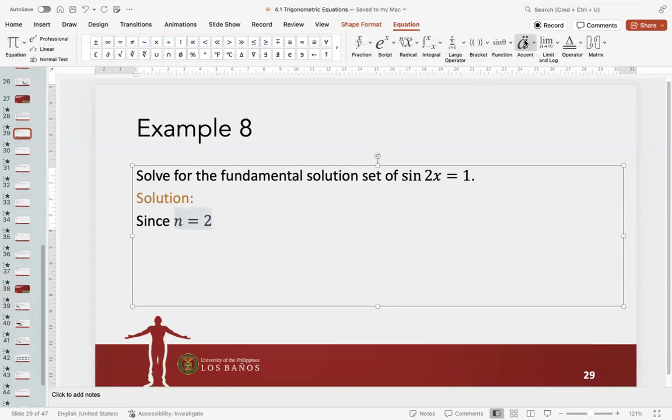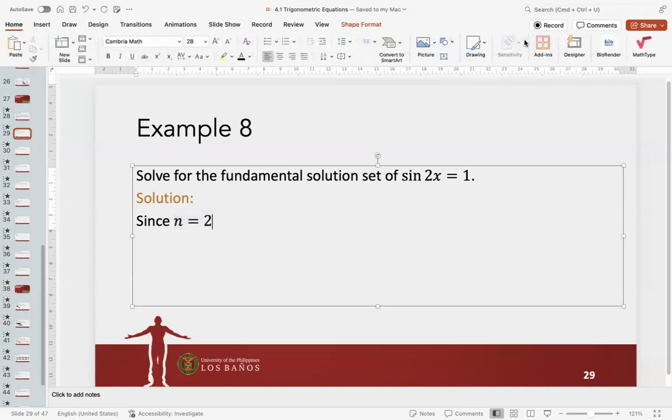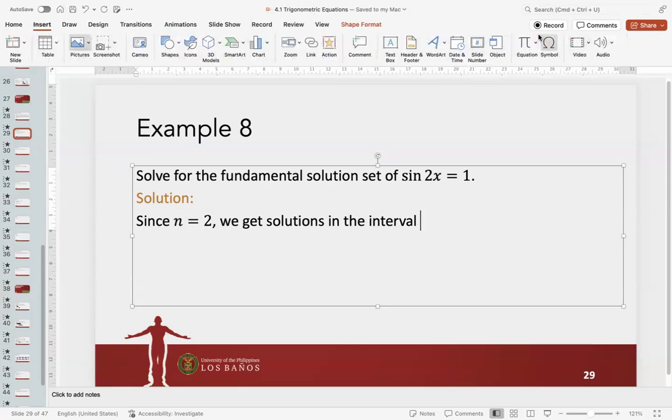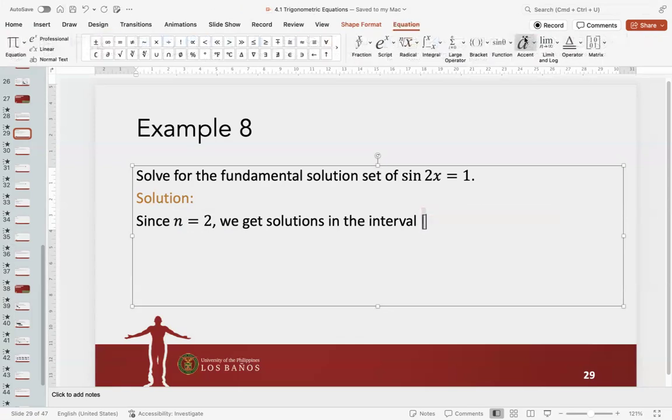Since n is equal to 2, that's the coefficient of x, we get solutions in the interval 0 up to 2n pi. But again, take note the value of n is 2.